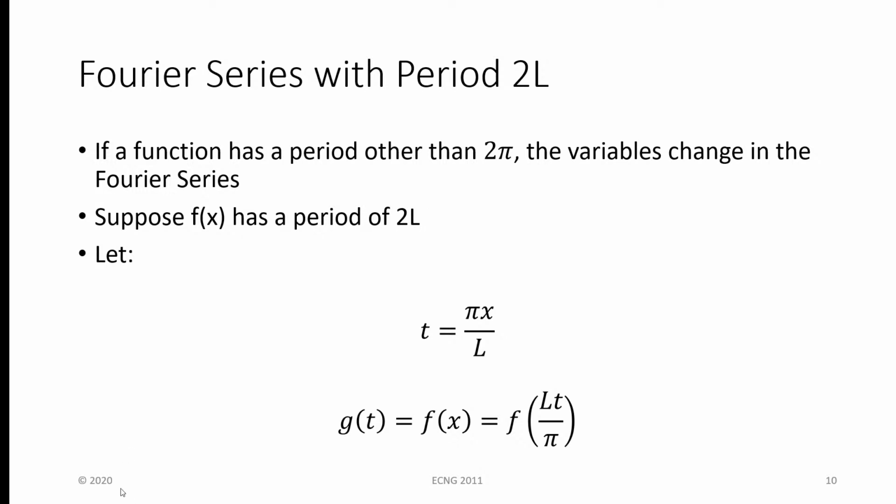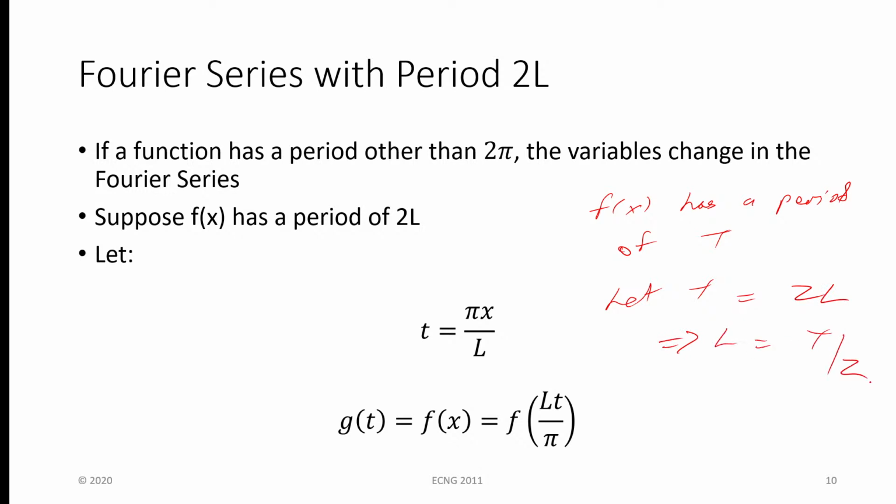So f of x here basically has a period of T. And what we're just basically saying here is that T equals 2L. So L here will just be T divided by 2.